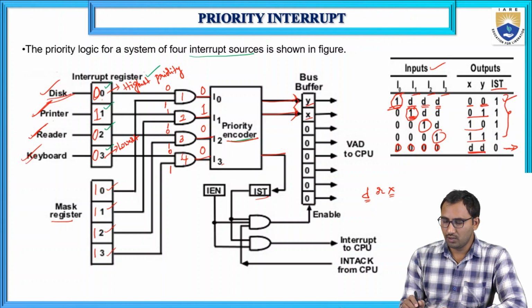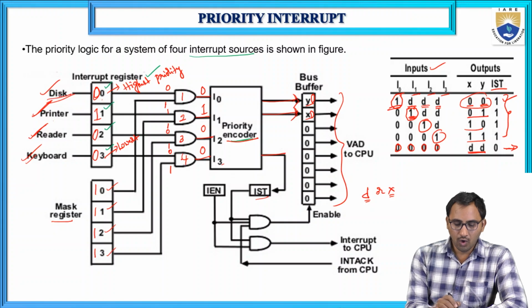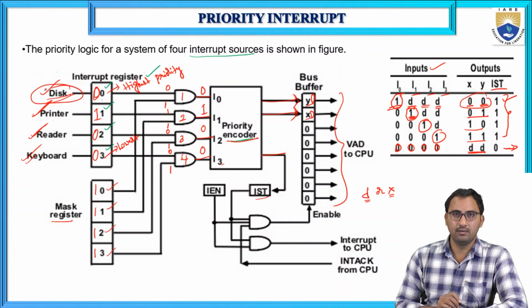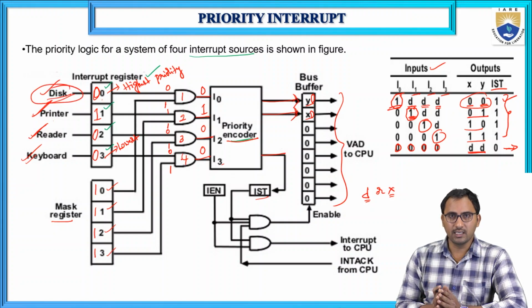Suppose the first interrupt is generated, the corresponding XY bits are 0, 0. This is a vectored address, and at that vectored address the corresponding ISR program will be there. What is the first device? Disk. So for the disk device, the corresponding interrupt service routine program is located at the address of all zeros.